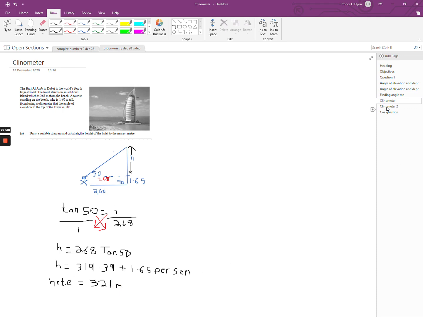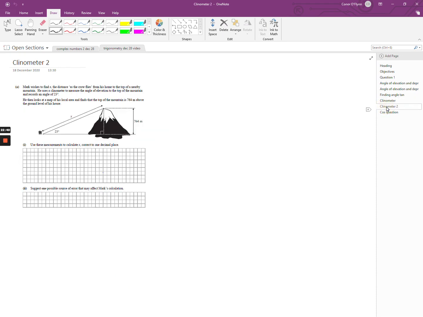Okay, so we'll get another one. They're giving us another story, angle of elevation. They're telling us it's 23 degrees. Okay, 764, and they want us to find x. So again, what is 764 to 23? Opposite. What is x?